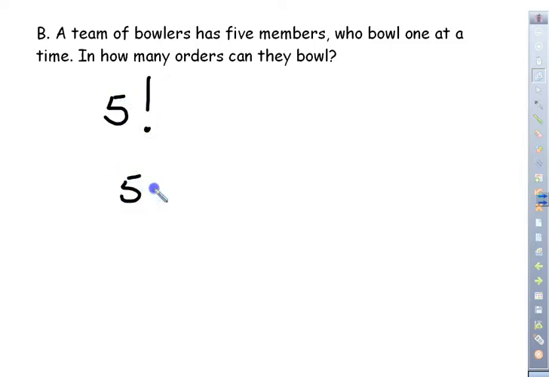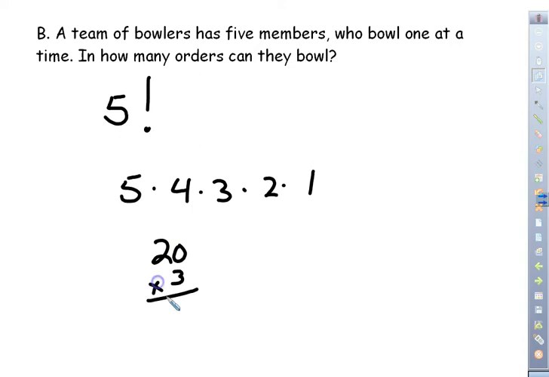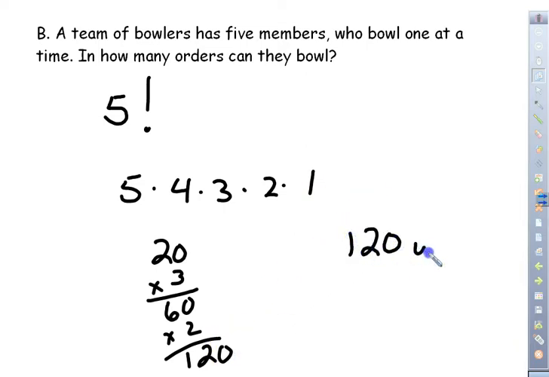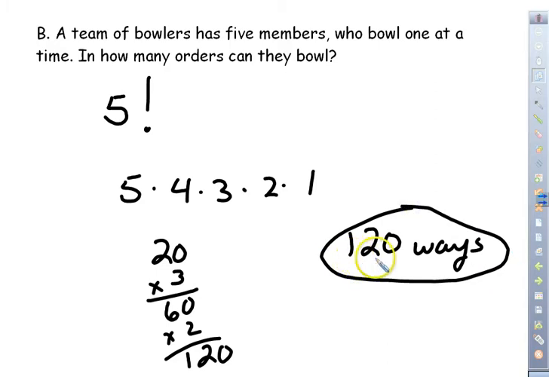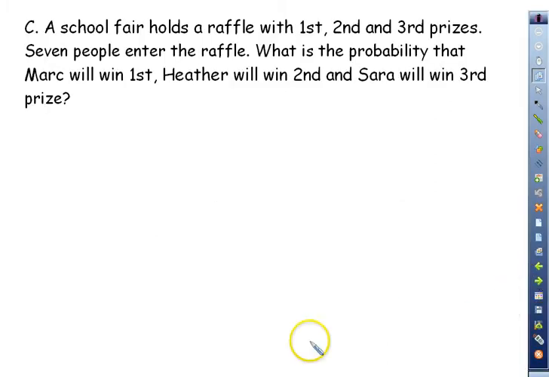So it's going to be 5 times 4 times 3 times 2 times 1. 5 times 4 is 20, times 3 more is 60, times 2 more is 120, and times 1 is going to give you 120. So 120 possible ways. That's 5 factorial.